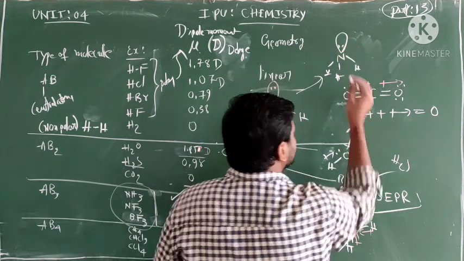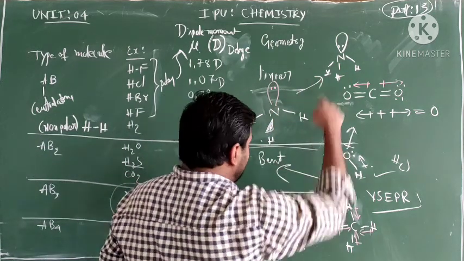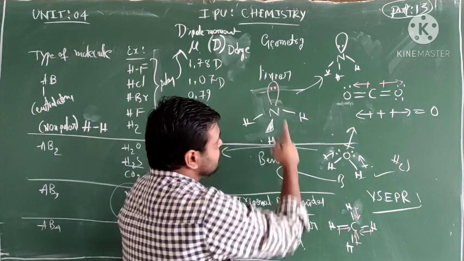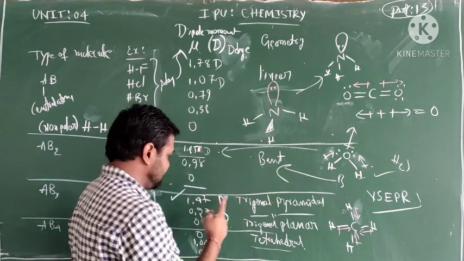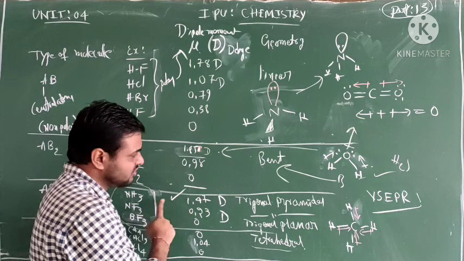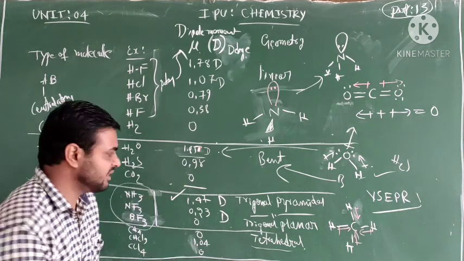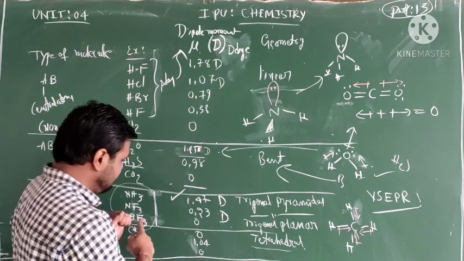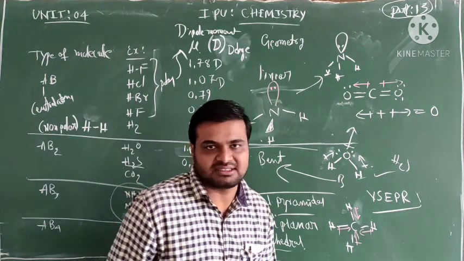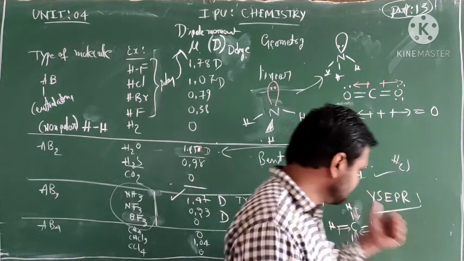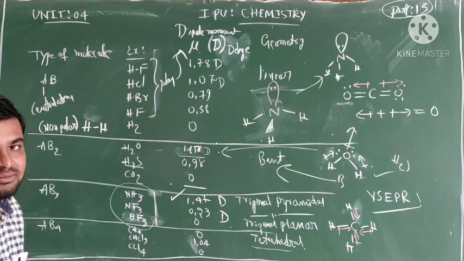It looks triangular, like a pyramid. This is a pyramidal structure. NH3 and NF3, both are trigonal pyramid type structures because of the presence of a lone pair. But in the other case, this is trigonal planar. We'll be discussing that next in hybridization. So these are the important dipole moment examples of some types of molecules.